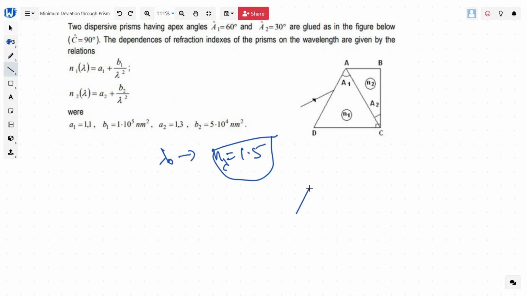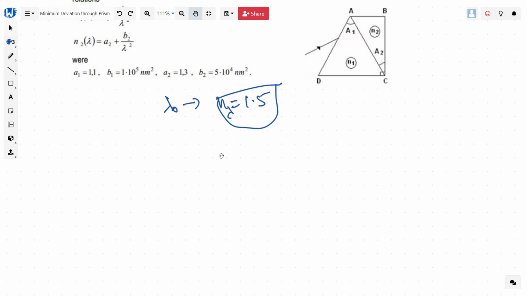First things first, we have this prism here, prism A, and then we have another prism here, two prisms.